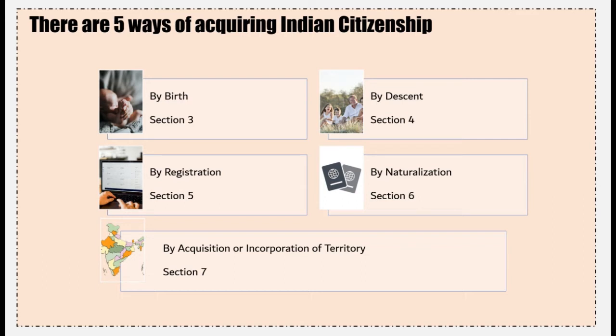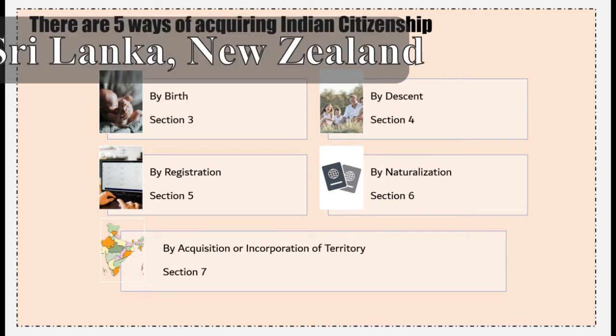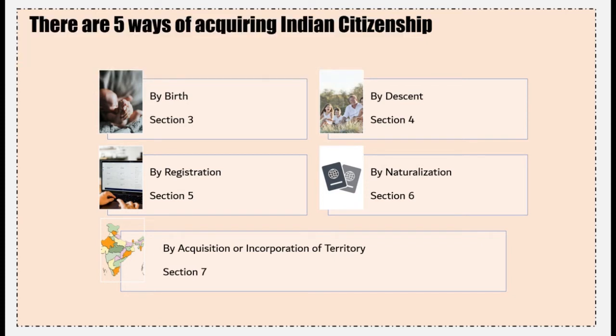The countries mentioned in the first schedule are the Commonwealth countries: UK, Australia, Canada, New Zealand, Pakistan, Southern Rhodesia, Union of South Africa, and the Republic of Ireland.